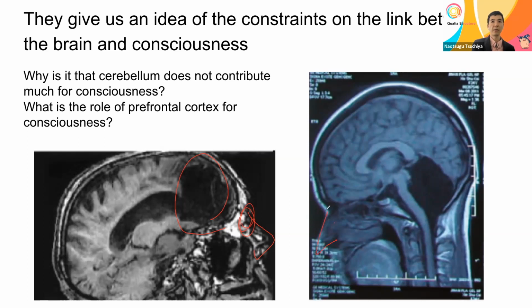This is the nose, and these are the eyes. So you see that the back of the brain here is missing. And these patients, interestingly, do not seem to have any appreciable difference in terms of consciousness. And why are they like that? That's a very interesting and important question to address.